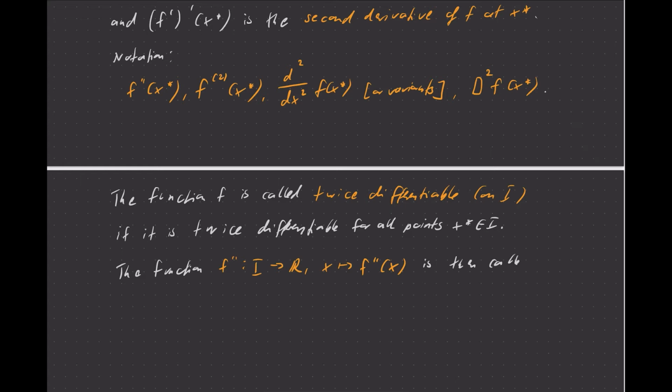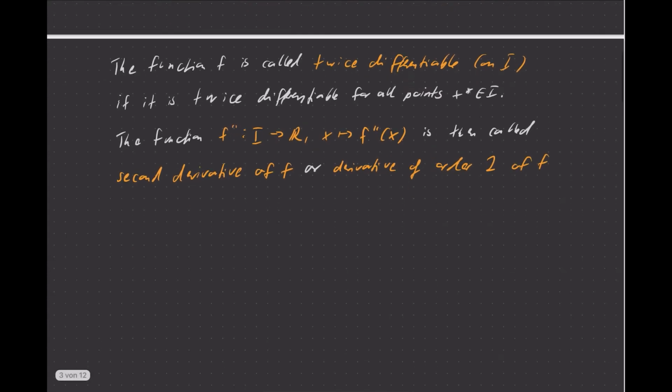That is then called the second derivative once again of f, or sometimes it's also called the derivative of order 2 of f. And this is denoted in the same way as above.